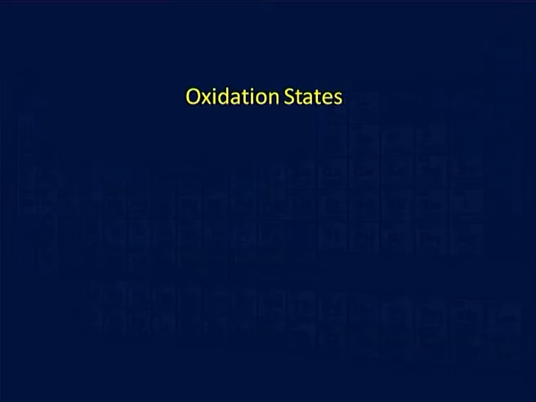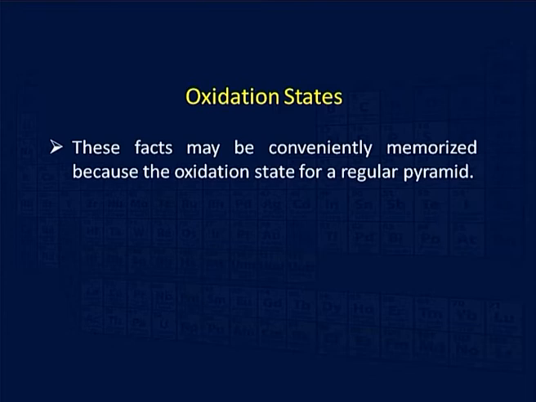The various oxidation states of these elements can be very easily summarized because they form a regular pyramid kind of structure.